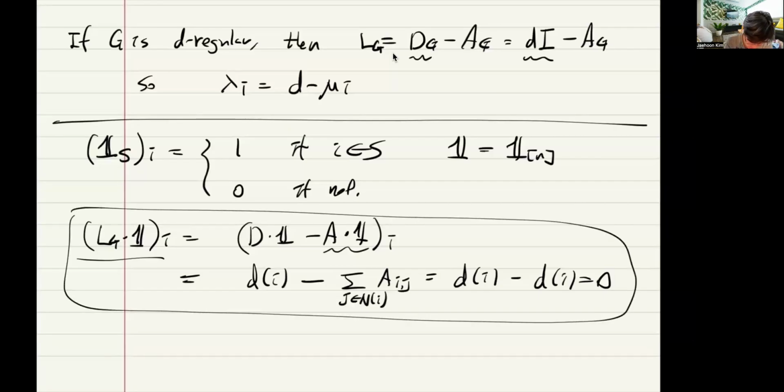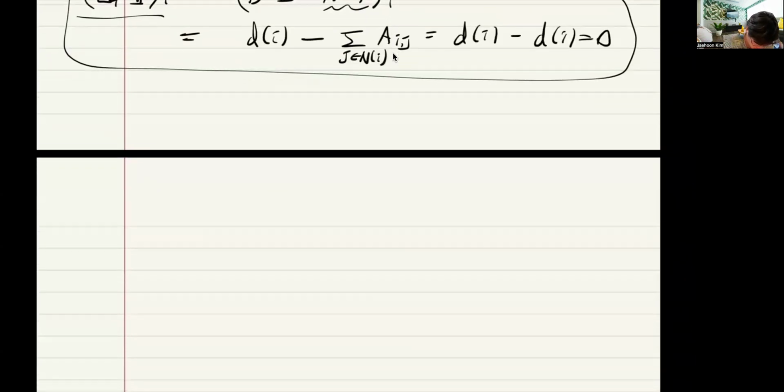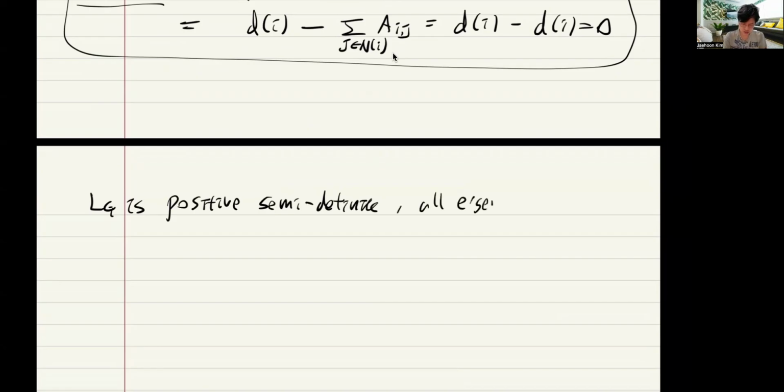So this only tells us that one of these eigenvalues is 0. But we can further show that this L G is positive semi-definite, which means that all eigenvalues are non-negative.